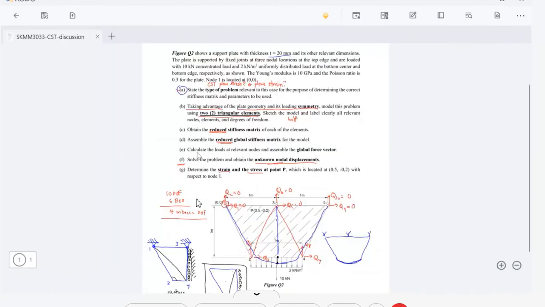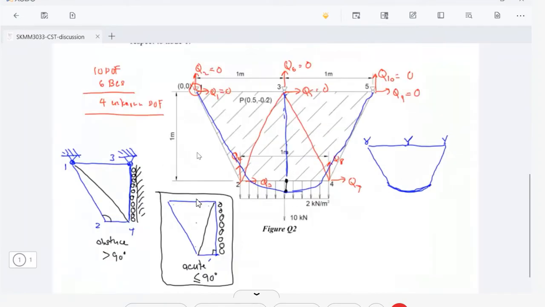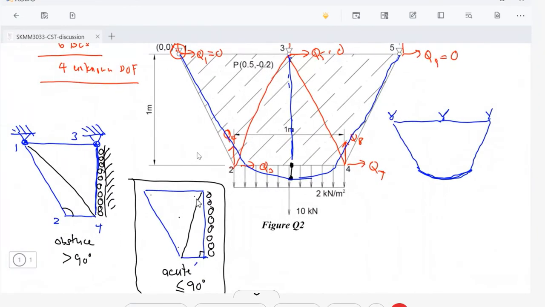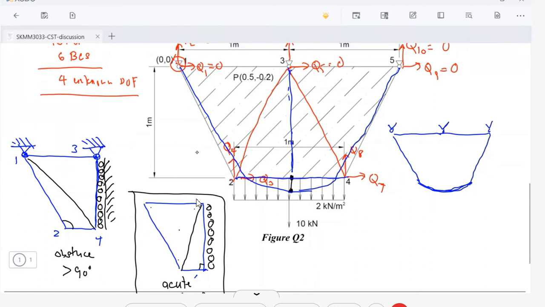Okay. Note that in our original structure, the load is applied at this edge here, which is about 1 meter, kan? But now, since we are only taking half of it, there's only half of the load here because the distance is from here to here, which is half the total distance.